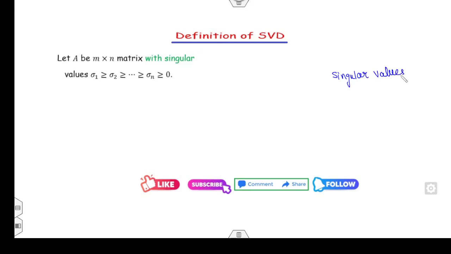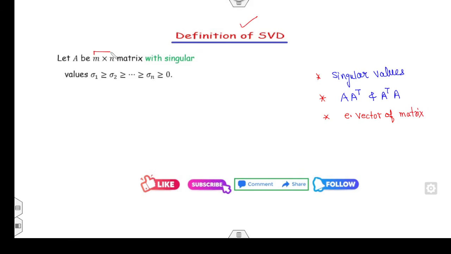Now, once we understand the concept of the singular value, the concept of A A transpose and A transpose A, and the third thing, the concept of the eigenvector of a matrix, then we can define the formal definition of the singular value decomposition.